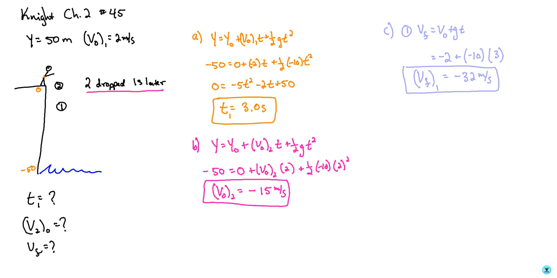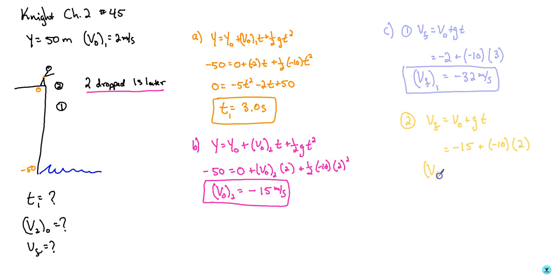All right, and then for rock number 2, same exact process. Only this time, rock 2 was thrown at 15 meters per second downward, and it's going to have, again, an acceleration of negative 10, which gravity pulls all objects at, but this one travels for 2 seconds.